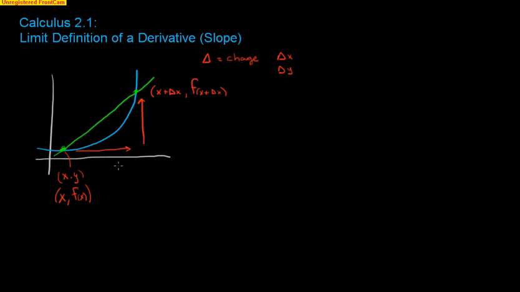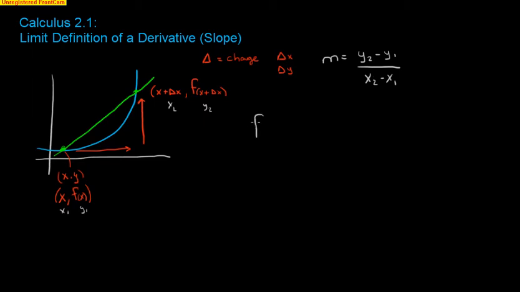And so now I want to apply the slope formula. If I remember the slope formula from Algebra 1, that's y2 minus y1 over x2 minus x1. So if I treat this as x1 and y1, and this is x2 and y2, I'm going to apply that to the slope formula. Let's see what happens here. Let's start off with y2 minus y1.